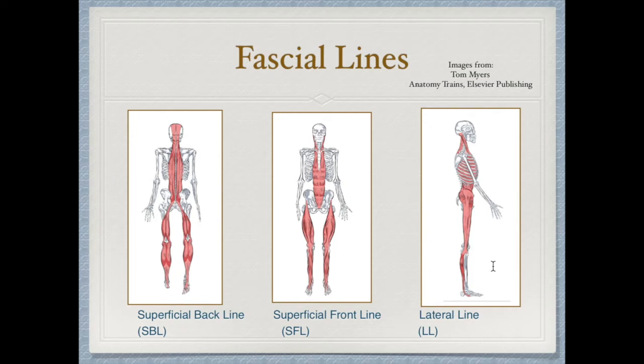Now, the thing about these fascial lines that makes them so powerful is that we're arriving at our point selections based on anatomy and, more importantly, functional anatomy. So how these muscle groups work together and how this relates to joint movements and joint functions and the movement of the body. So this lateral line then, it looks like the gallbladder meridian.